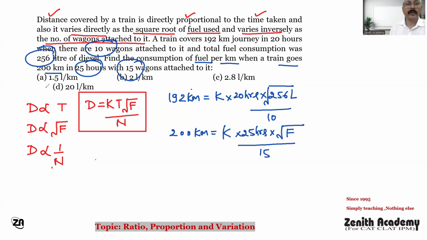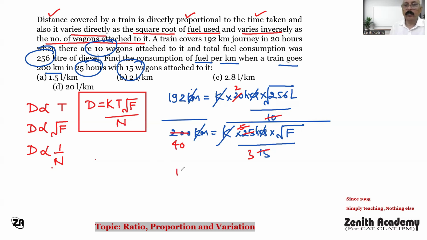So if I divide it, this is, and this is equal to, then this K cancels, hours cancel, and this is 5 5, 5 3 and here it is 10 2, and this is 5 40.